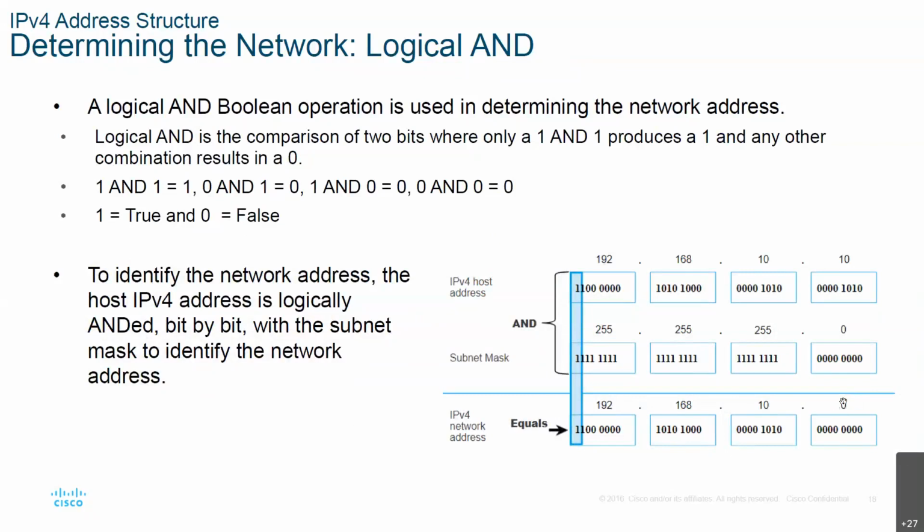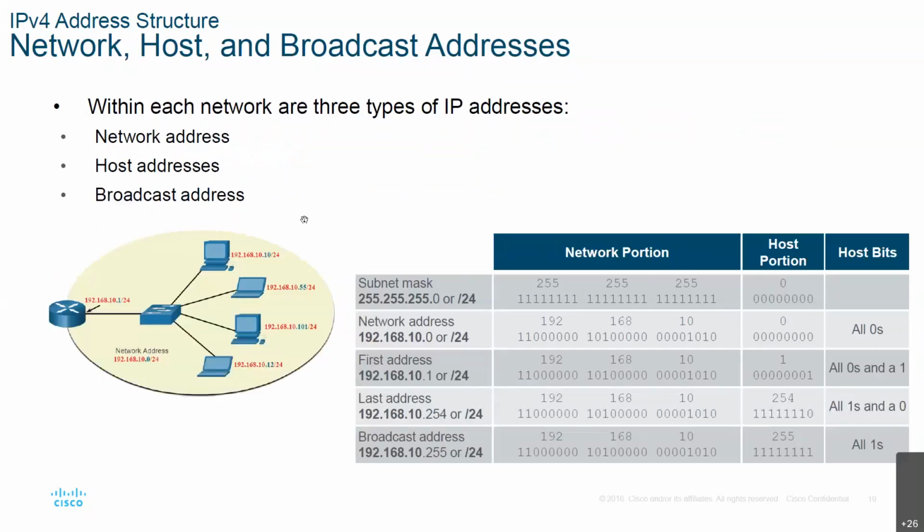That would be my first IP address. So those IP addresses are my host addresses. In order to calculate my host addresses, I have to use the formula. And I will also have something known as a broadcast address. Broadcast address is my last host address plus one.